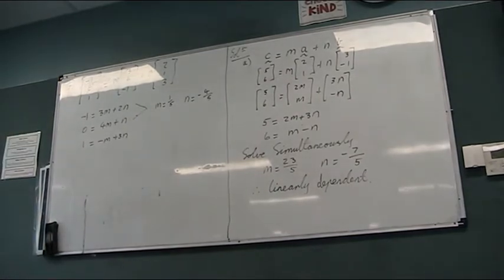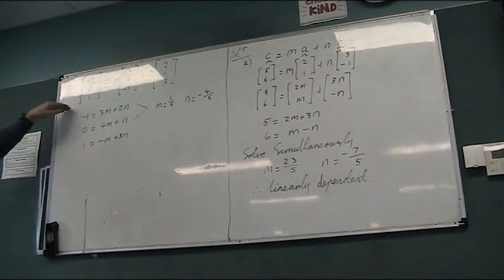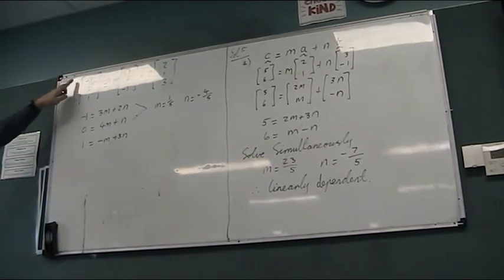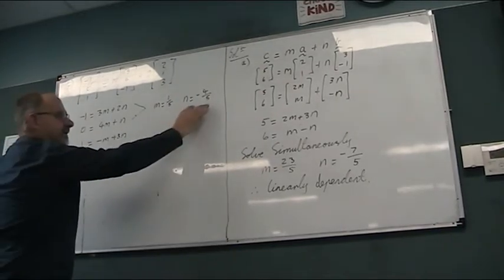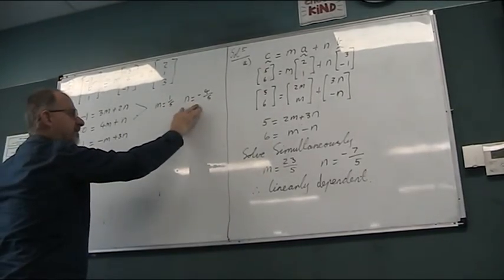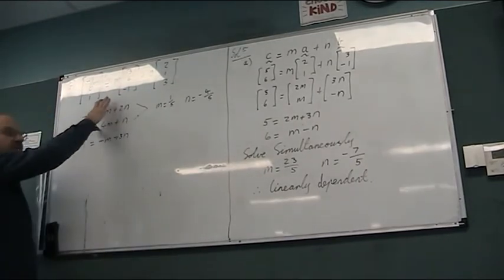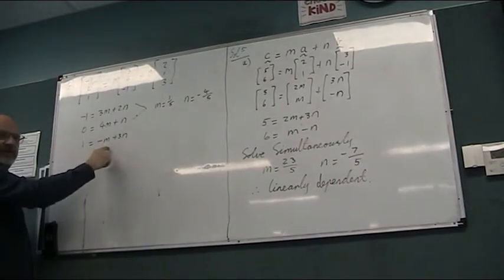All right. Now, we have a third equation in this one because we've got x, y and z, or i, j and k. And so it's all very well for us to find these values for m and n using these two, but they've also got to fit in with this one as well.